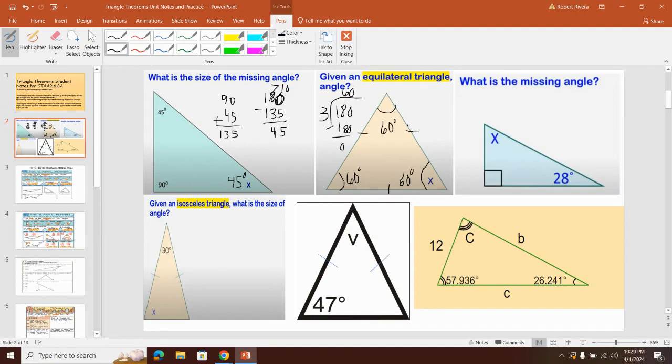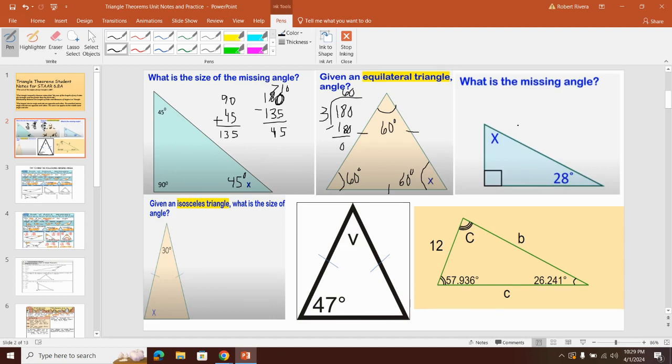Because 60 times 3 would be 180, or 60 plus 60 plus 60 would be 180. All triangles have to equal 180. The interior angles, the angles that are inside, these angles right here, they have to equal 180. These are the pretty easy ones, okay? Because they gave you two angles, so you just add and then subtract from 180. And this one is easy because it's an equilateral triangle.